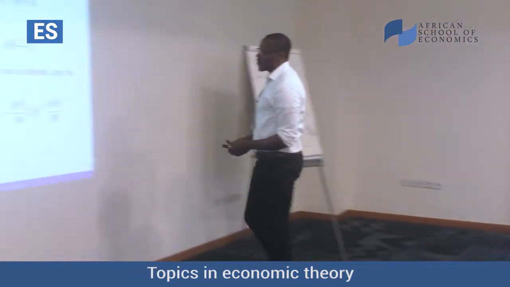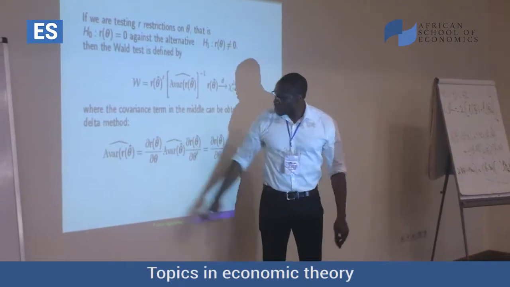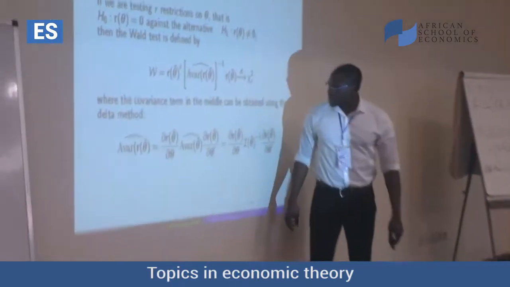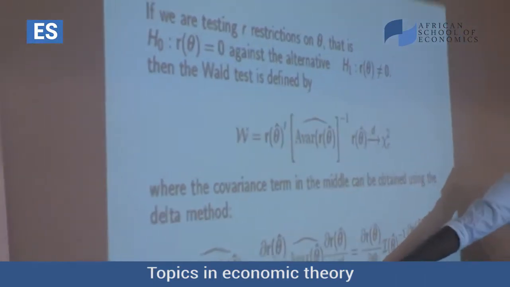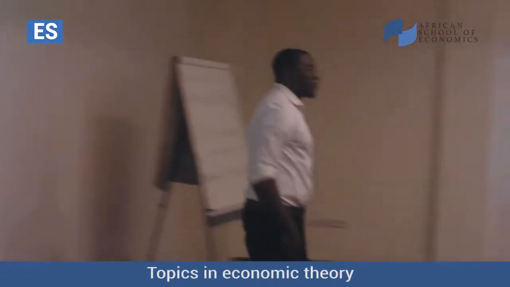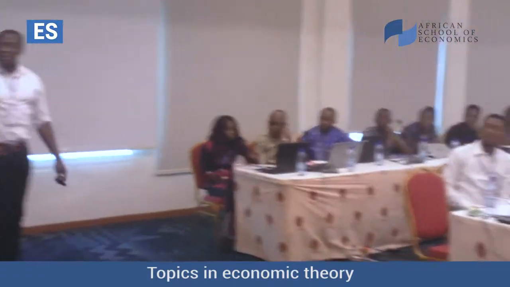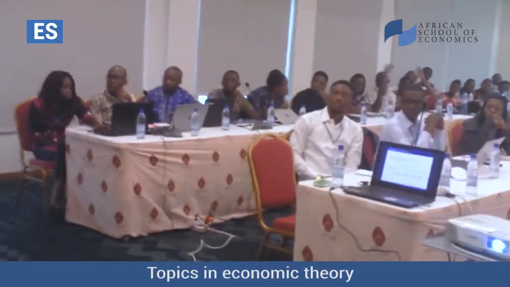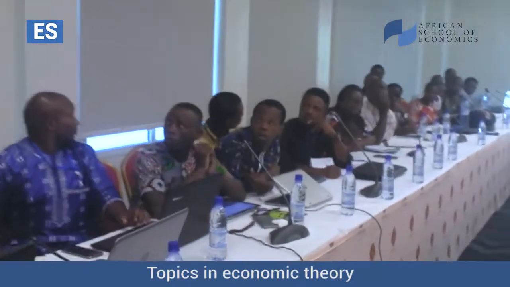Now, how do you get what is in the middle? Well, you use this property, saying that if you write this, you can basically say that this is equal to this. Now I need somebody to tell me why this is equal to this. Where is that coming from? Of the MLE?